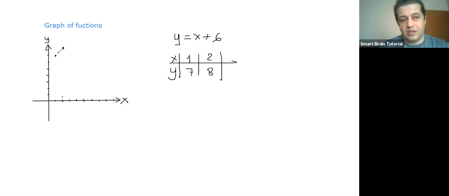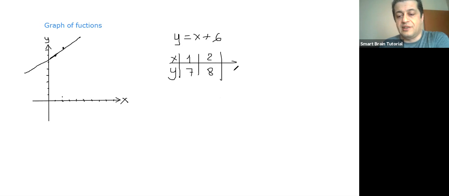Now, these 2 points belong to the graph of the function. If the values of x and y are taken from real numbers, they have infinite values, so we can join these 2 points and form a kind of graph like this.